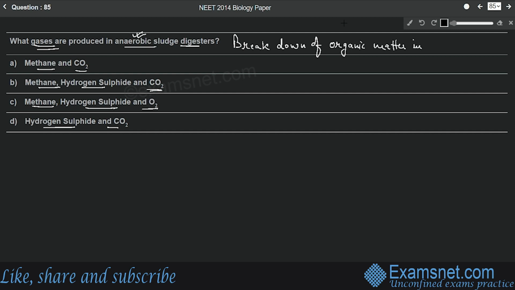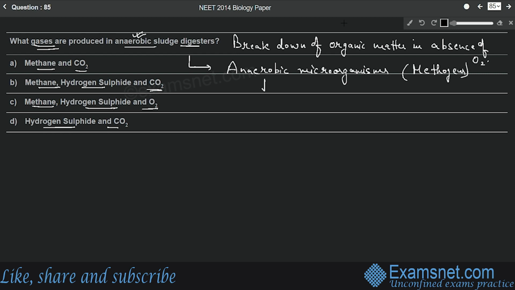Now the anaerobic sludge digesters contain anaerobic microorganisms, mainly bacteria, namely methanogen.